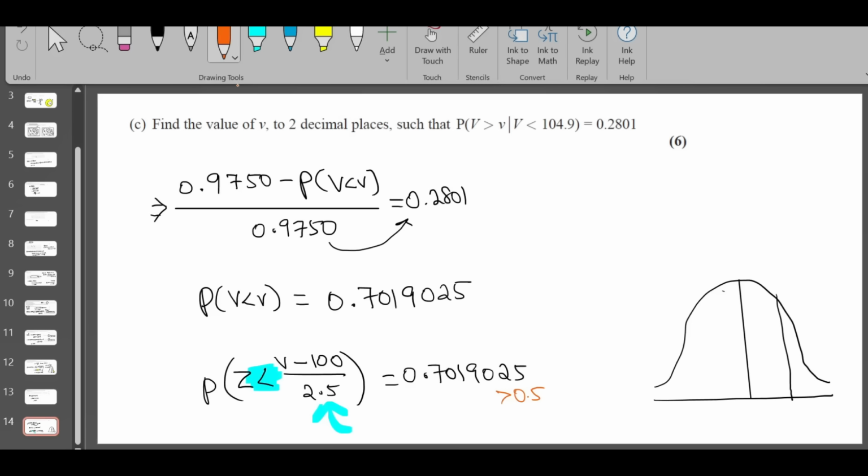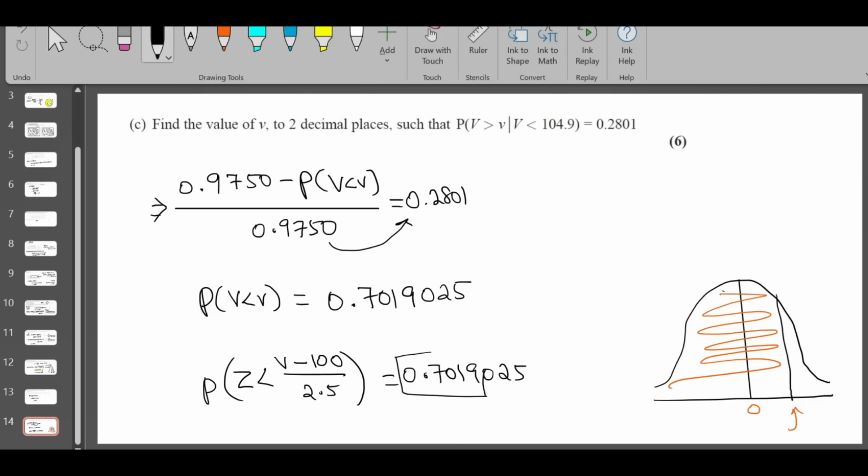This is mu, the number has to be here, then only the left hand side area will be bigger than 0.5. So definitely it's a positive number. So you can use the table to find the value. In this bigger table, the values are 4 decimal numbers. So take this number, find the corresponding value.